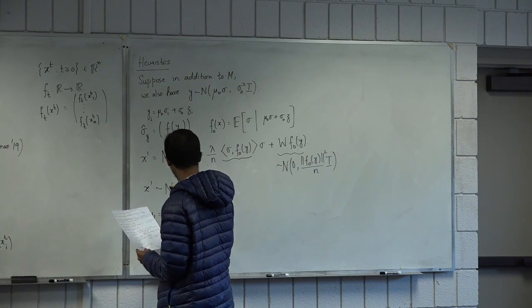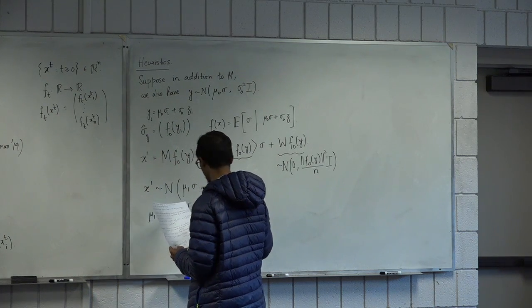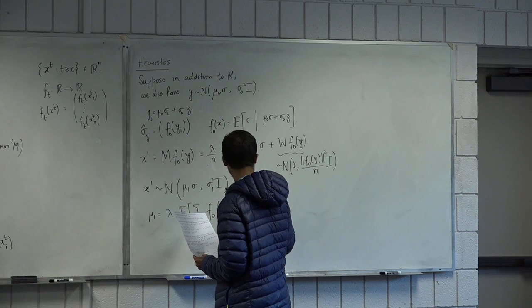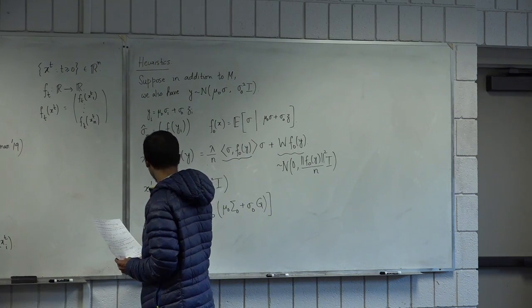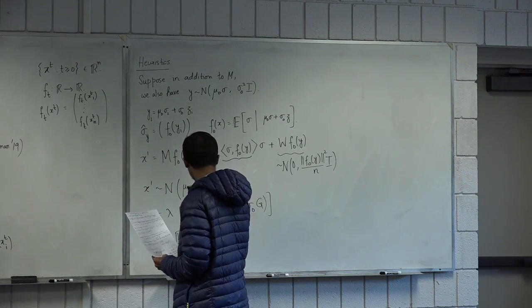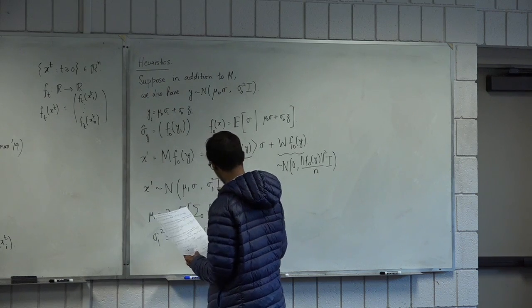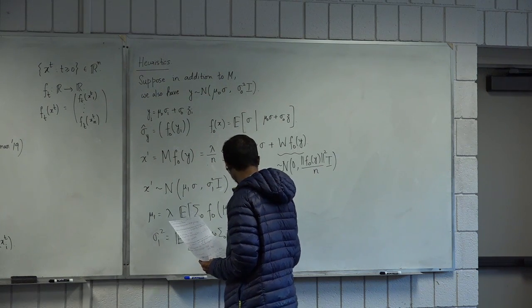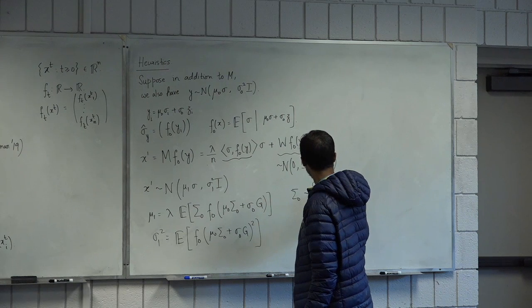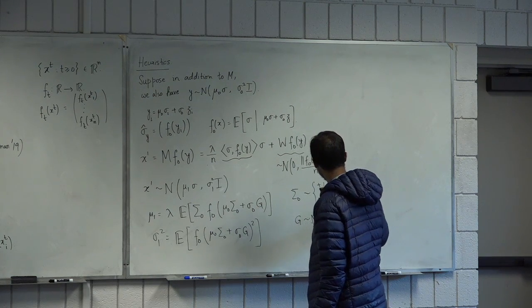So it's lambda times the expectation of sigma naught f0 of mu naught sigma naught plus sigma 0 g, and sigma 1 squared is the expectation of f0 of mu naught sigma naught plus sigma 0 g, squared, where sigma naught is Rademacher, G is Gaussian, and these are independent.